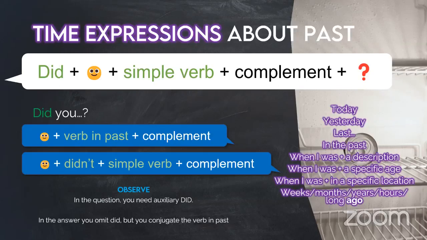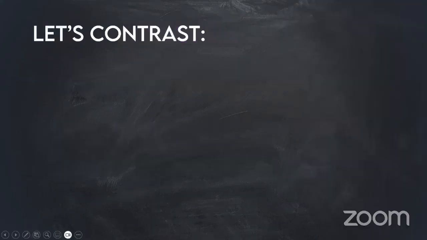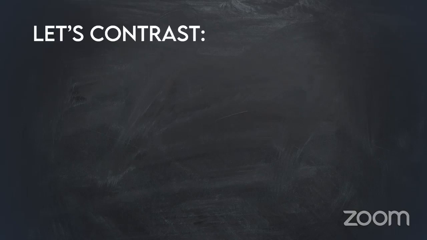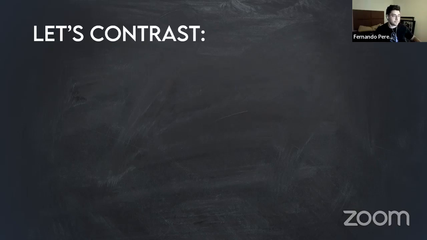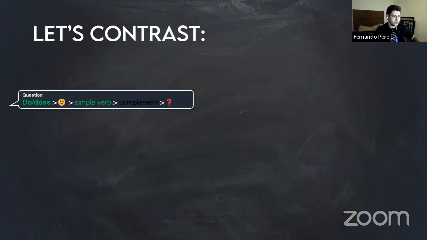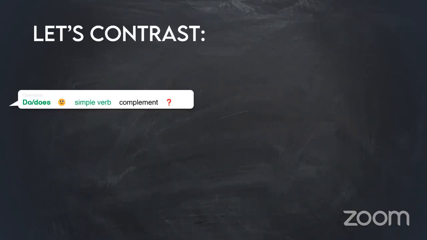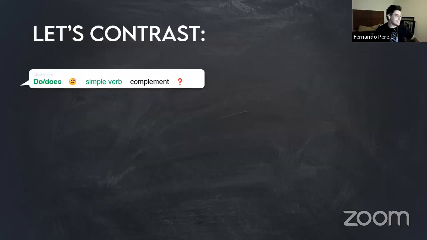In present. There is present, but there are different presents. So it's different to say, do you, which is over here, than to say, are you plus ing.